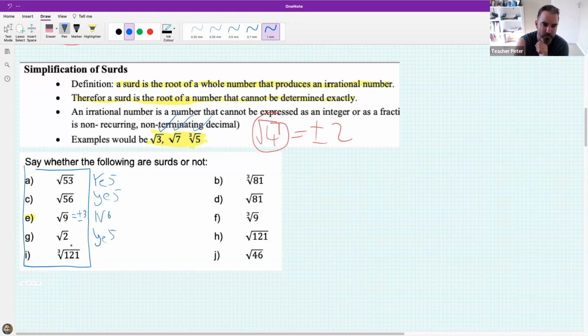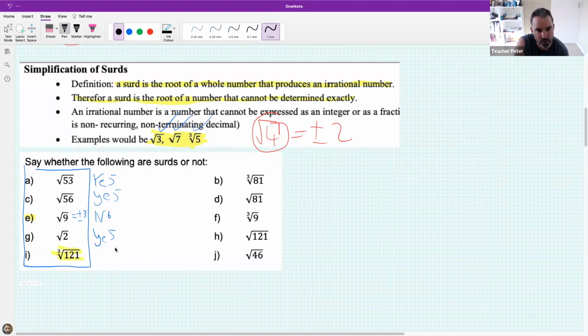And what about the cube root of 121? What do you get for that? Okay, it's going to be no, huh? It's no, sorry, that is a surd.